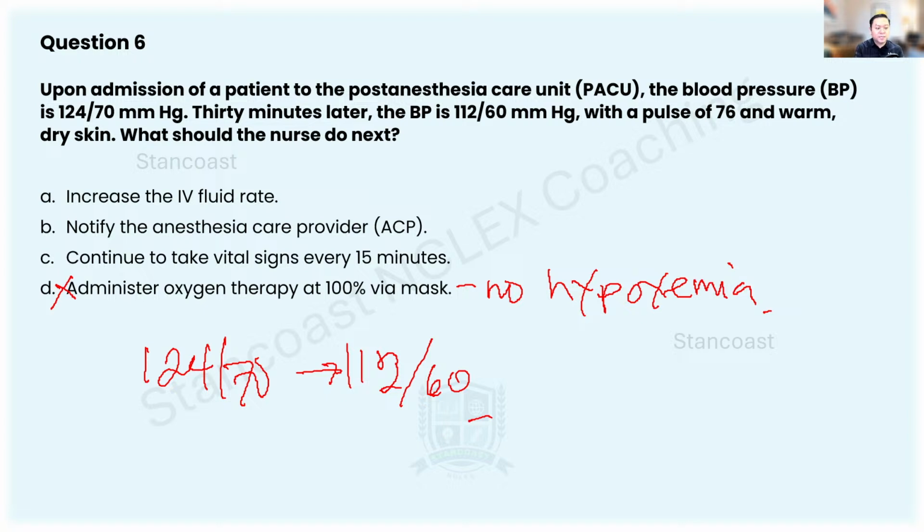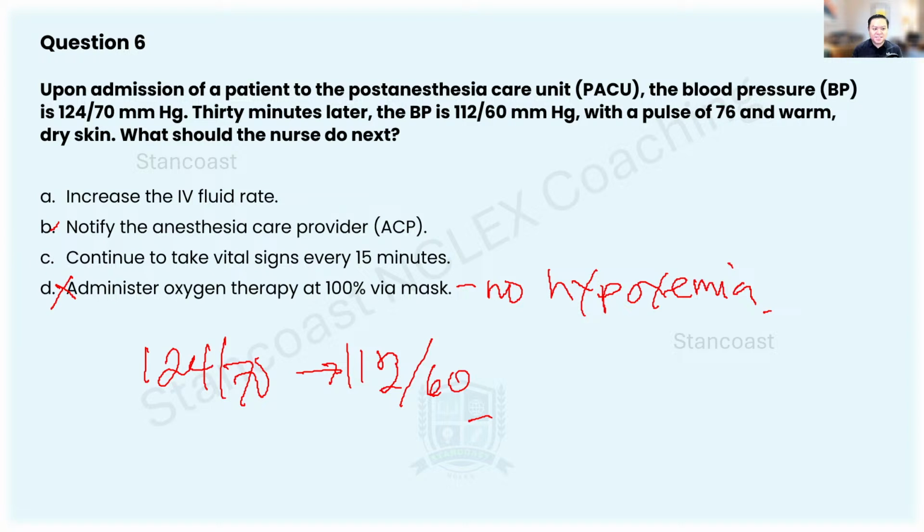Now let's take a look into letter B. Notify the anesthesia care provider. Do we have to call the medical provider this time because of the drop in the blood pressure? No, we're not, because it's only intended to notify them if there is a significant change in the blood pressure.